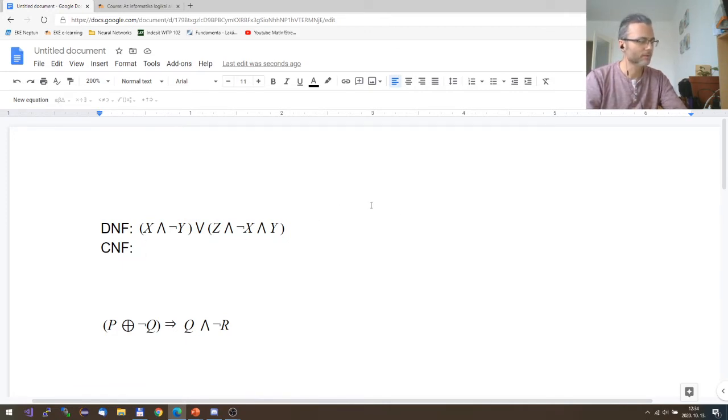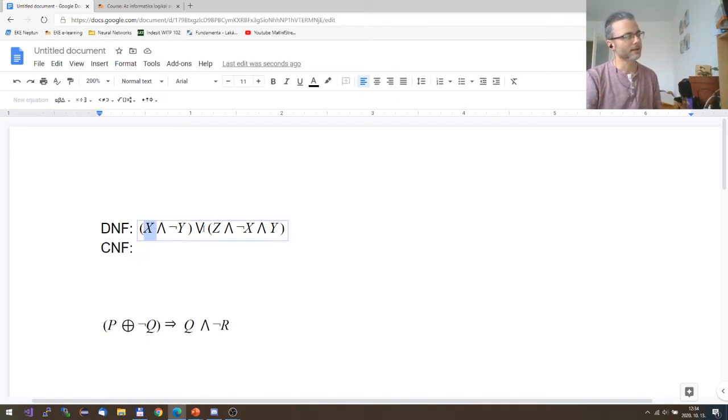Distributivity. You have to apply distributivity, which basically constructs pairs of those literals. So you pair each of those 2 literals with each of those 3 literals, right? For example, you pair X with Z.